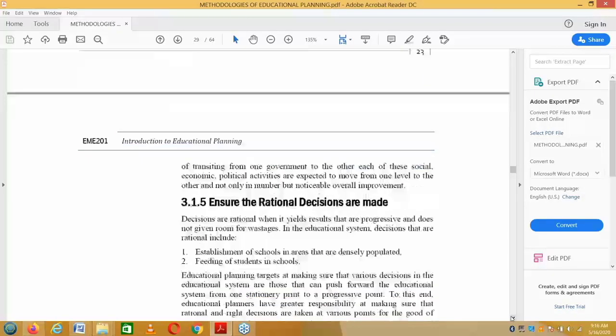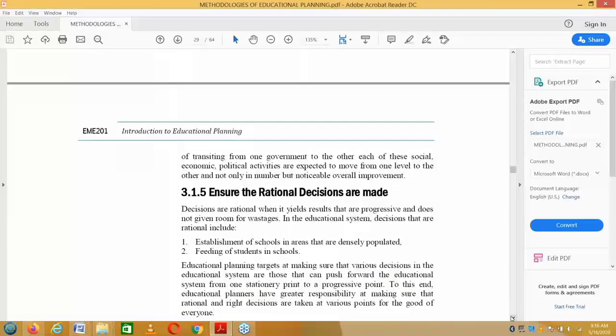All these are rational decisions. The establishment of schools in areas that are densely populated, so you could expect a good number of students in such schools. Feeding of students in schools is also a rational decision.